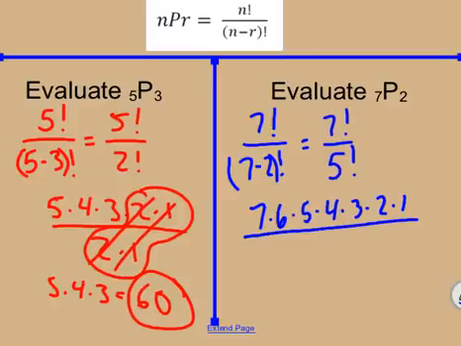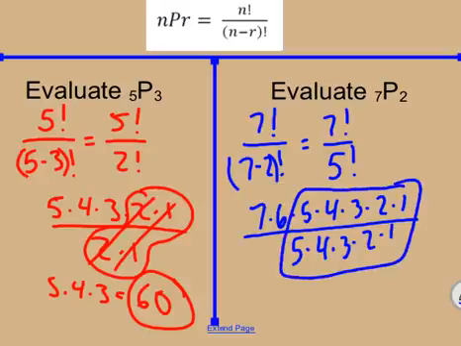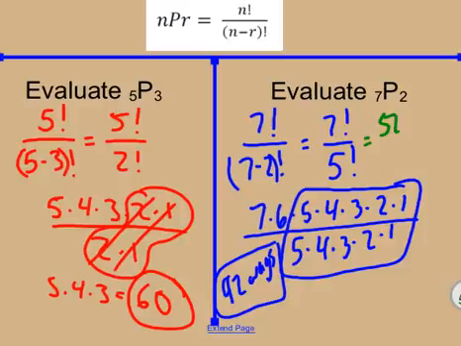If you want to do some reducing before you multiply out, that's a good idea, because instead of typing 7 exclamation point in your calculator and hitting enter, you could just do 7 times 6, which is 42 ways. If you like reducing before you multiply, you're going to have to know how to do that, so I would start doing that a little bit. Otherwise, you could have had 7 factorial, which would have been 5040.